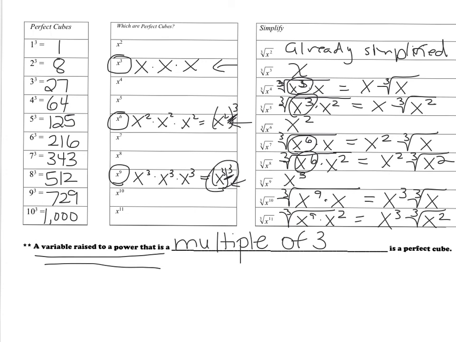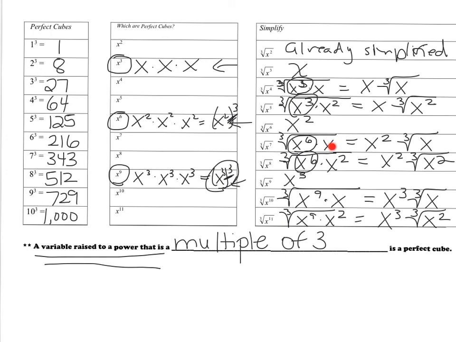Now look, all the ones that aren't perfect cubes, what we're doing is you're either leaving an x on the inside or an x squared on the inside. And then what's left on the outside is a third of the number that's the closest multiple of 3 right before it, right?